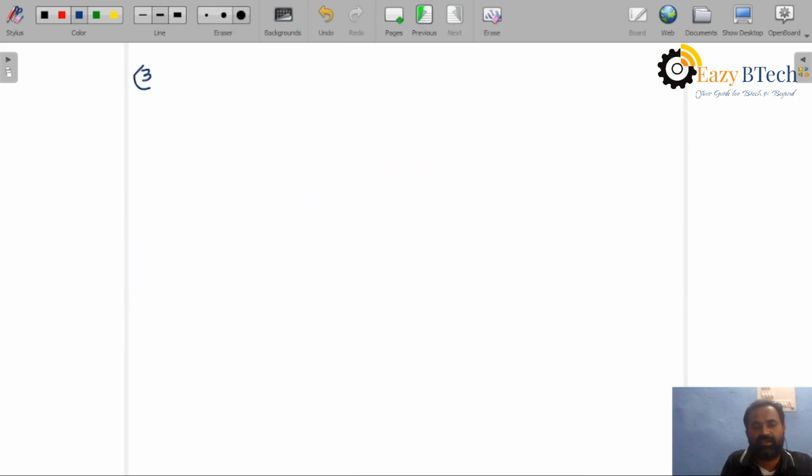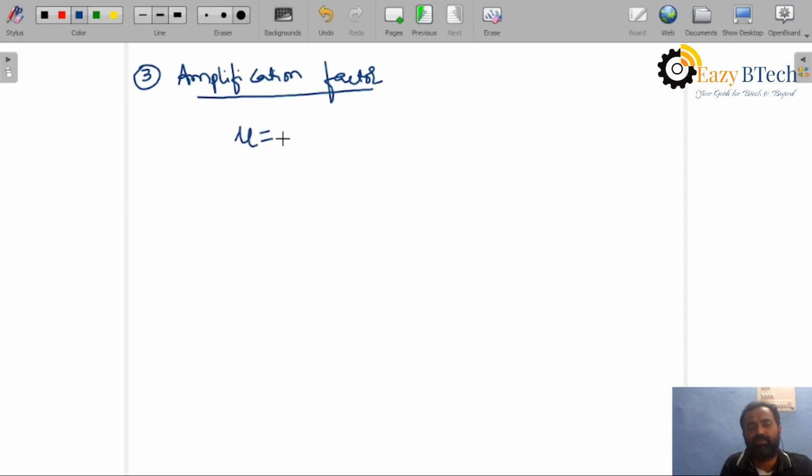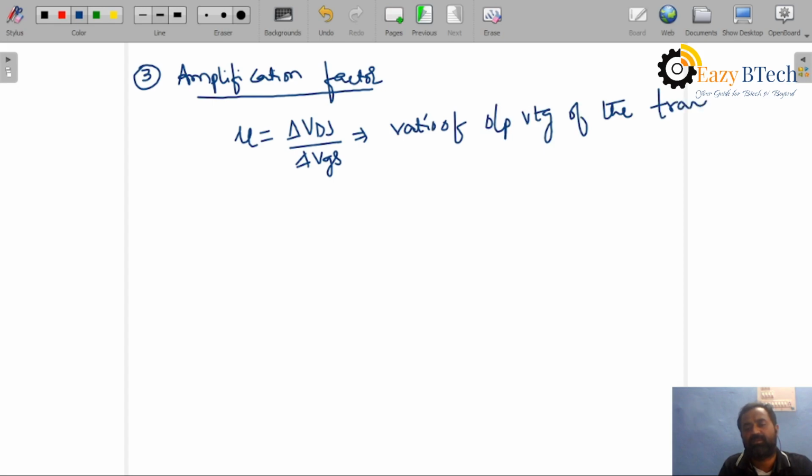Next, the third one is the amplification factor, which can be represented with mu. Mu is equal to change in VDS by change in VGS, the ratio of the output voltage of the transistor to the input voltage.